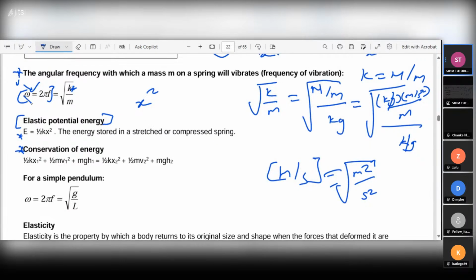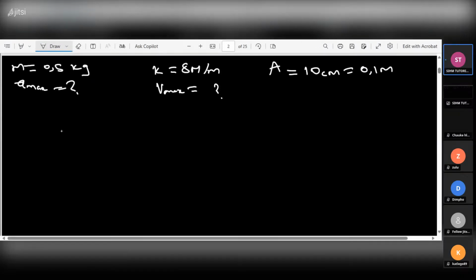Remember, this is an angular velocity. But you have been required to calculate the maximum speed. As you know, you have 0.5 kg, which is the mass. You have the constant, you have the amplitude.